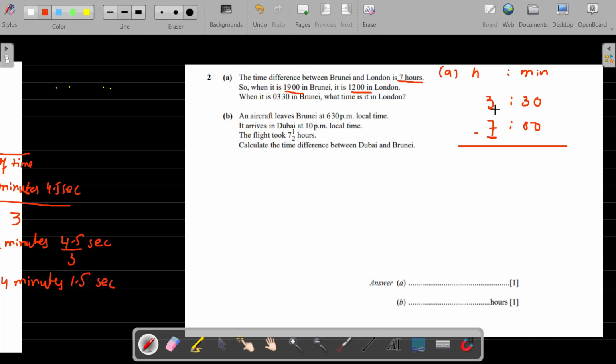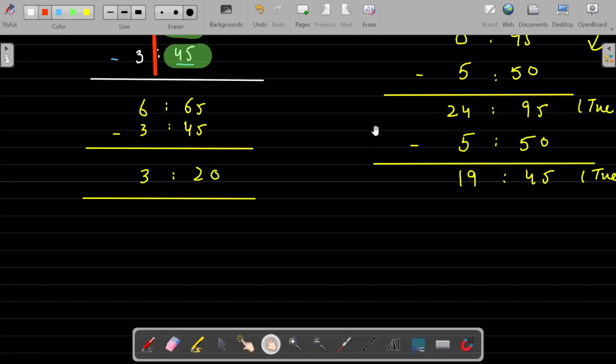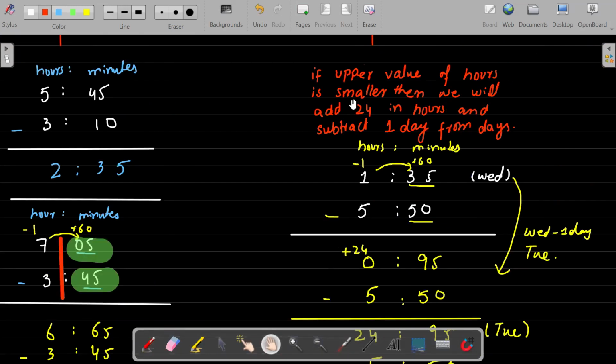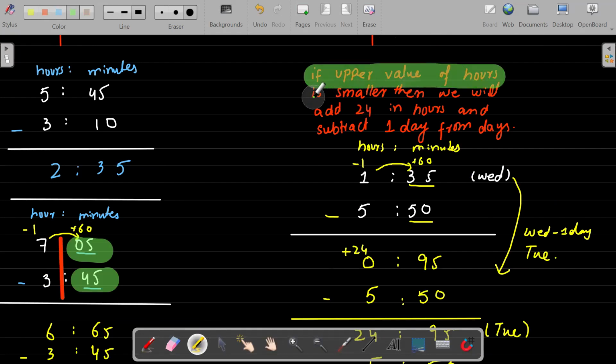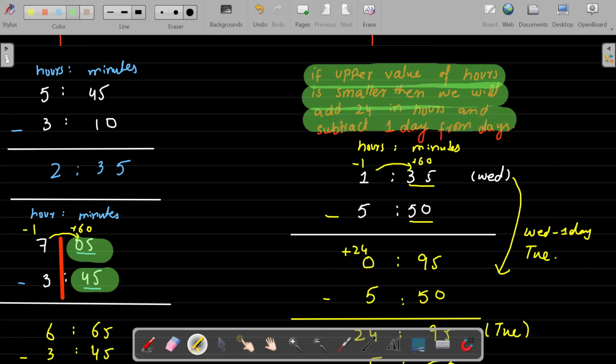So what will I be doing? I need to add 24 to it. I told you a rule: whenever the upper value of the hours is smaller, then we subtract 1 day from the days. That is what I'm going to do here.